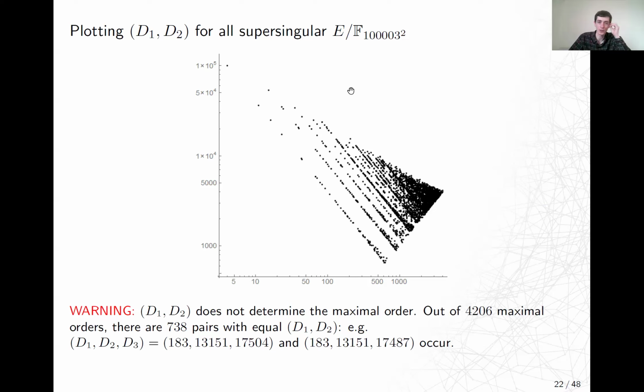In this example here, there are 4,206 maximal orders, and even just in here, there are 738 pairs where D1 and D2 are equal. So calling them rare was a bad move, that was not accurate, because 738 is a pretty significant chunk of 4,000. I don't know asymptotically how this grows, whether the proportion goes to 0 or grows. That I just don't know.